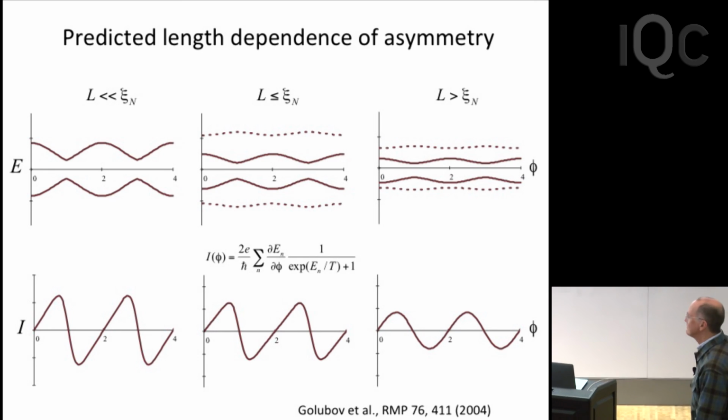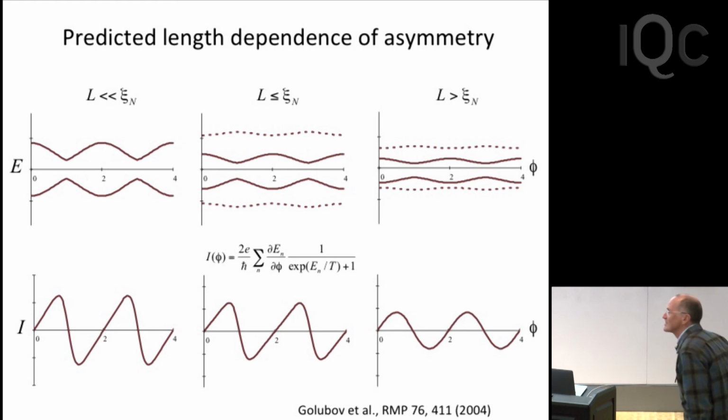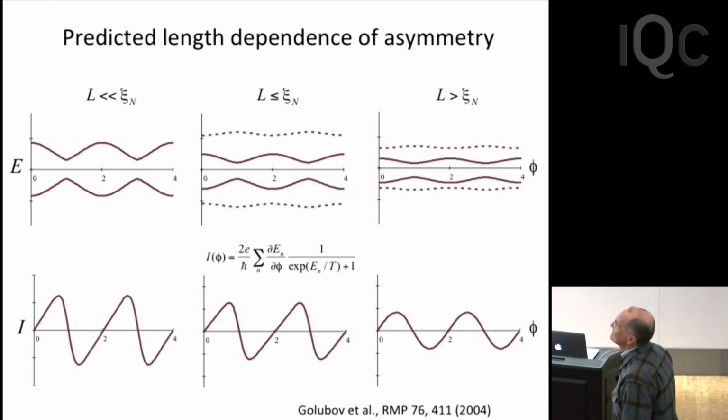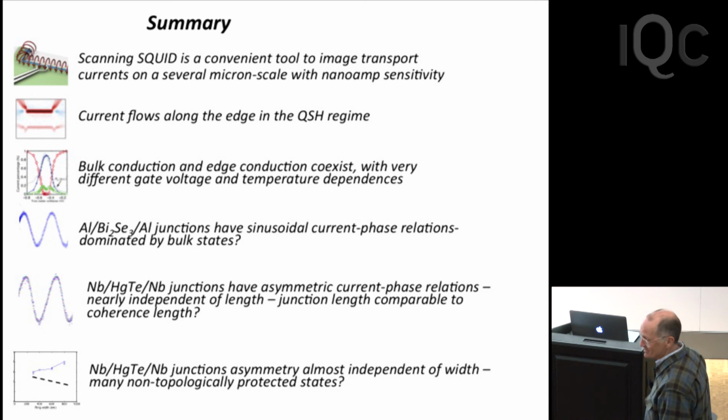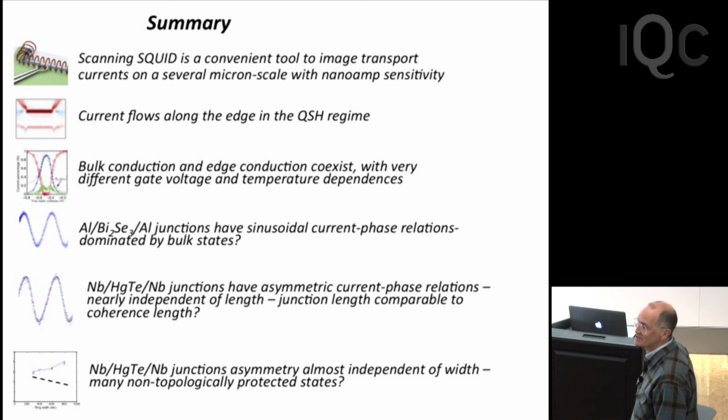I'm just about done. A little fast. Let me summarize. I hope I've convinced you that the squid microscope is a convenient tool to image transport, and it's pretty good.